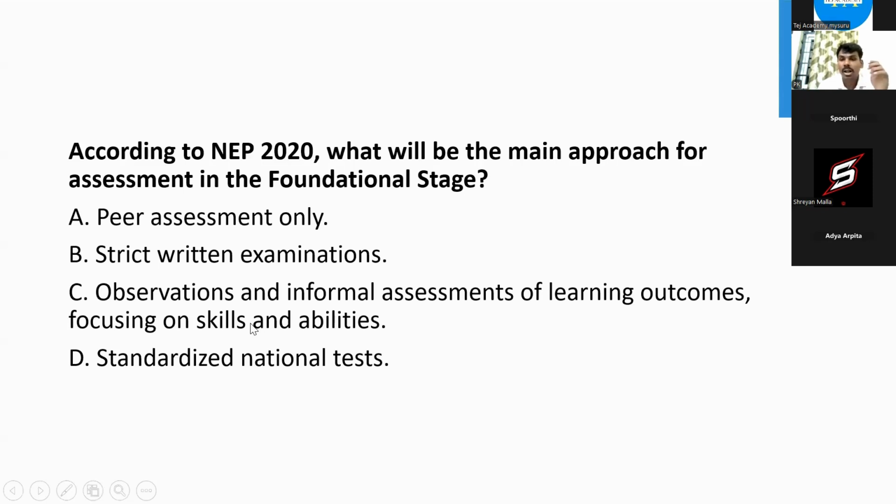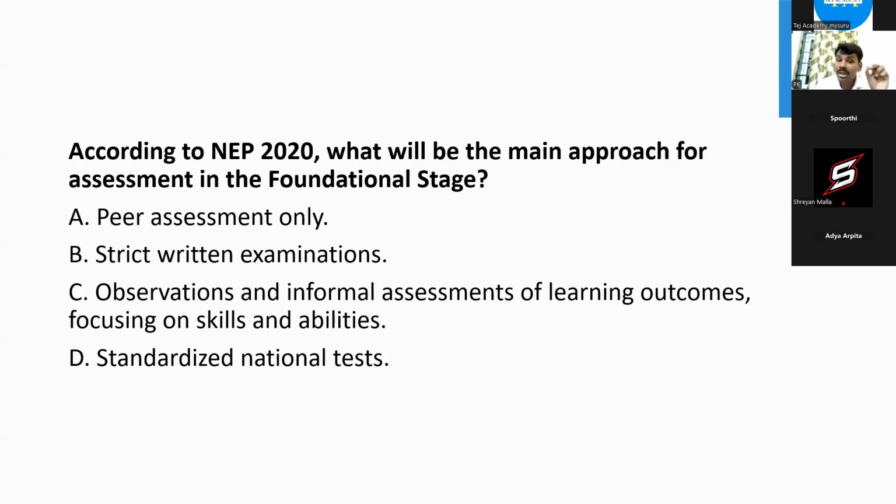Yes, you all are correct. So you all have to remember that according to NEP 2020, when they're talking about the foundation stage, the approach for assessment is to be observation and informal assessment of learning outcomes, focusing on skills development and abilities. Development of skills and abilities is the primary focus here.